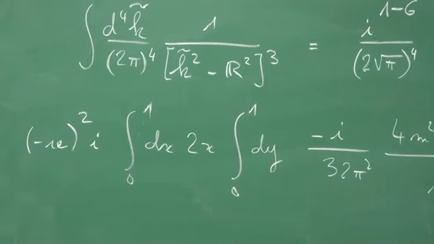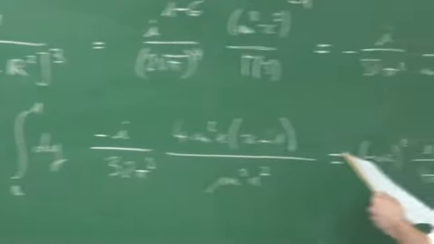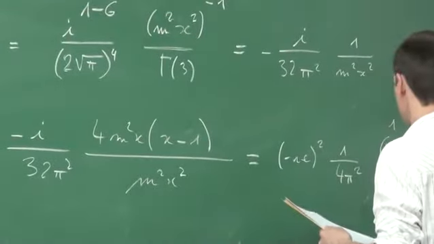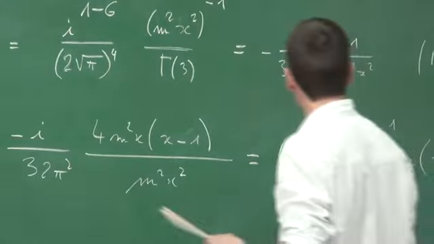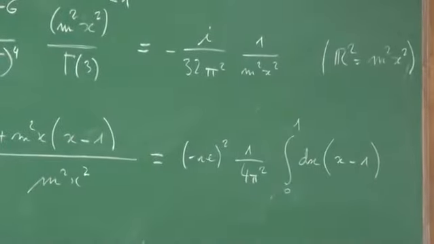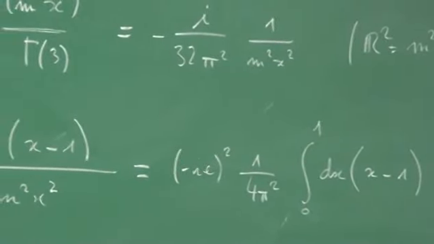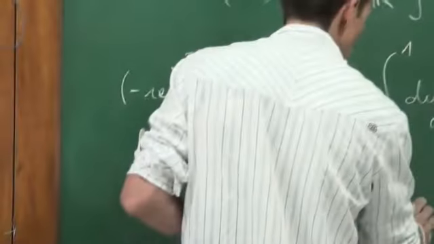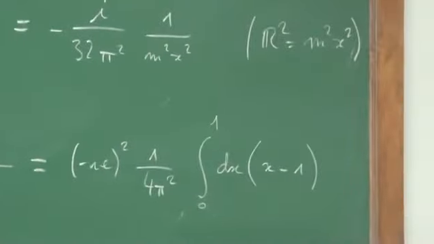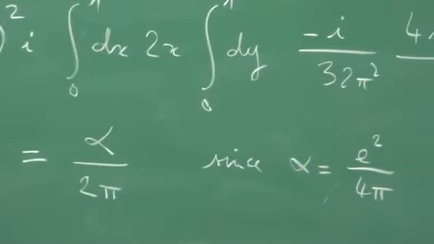The integral of 1 over x minus 1 equals alpha square over 4 pi. The Schwinger result we obtained in 1948.